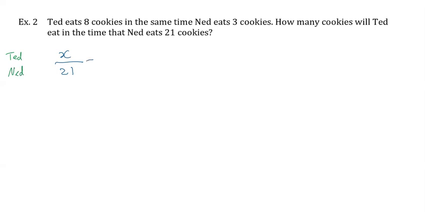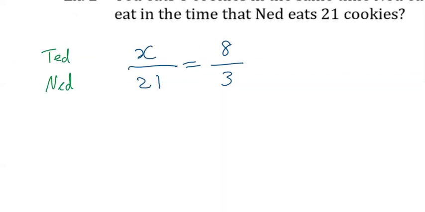How many will Ted eat when Ned eats 21? If Ted eats 8, when Ned eats 3. Do you see how that works? And if you always start with the question, X will always be on top. And I get X equals 8 times 21 over 3, which should work out to 56. And I'd like to see Ted eat 56 cookies, but maybe they're small. I don't know.